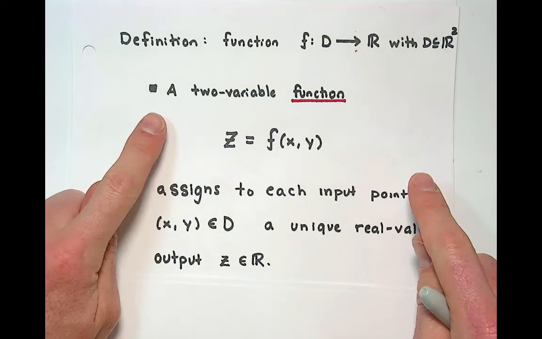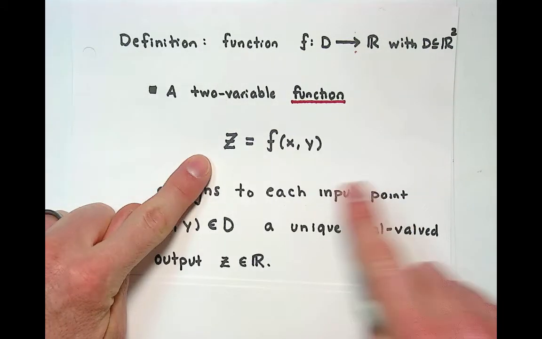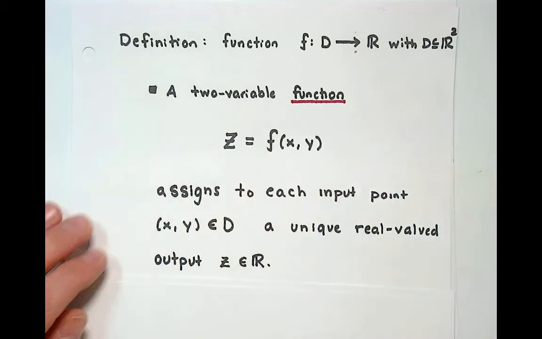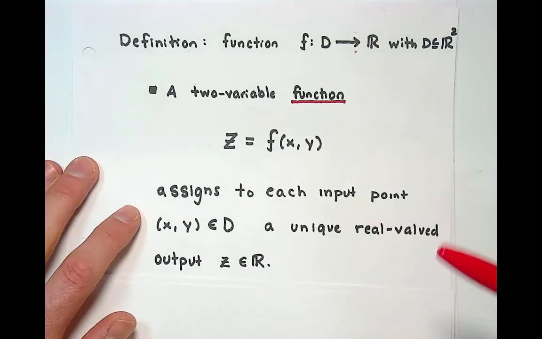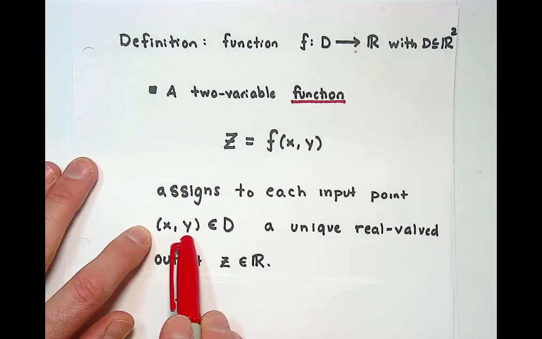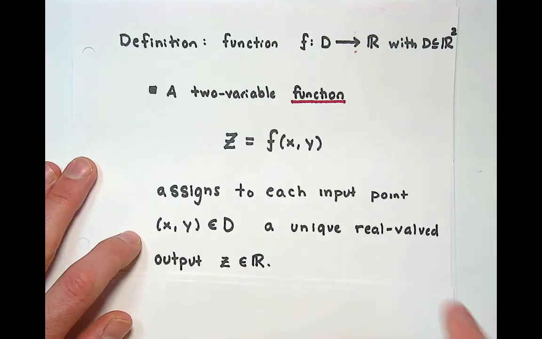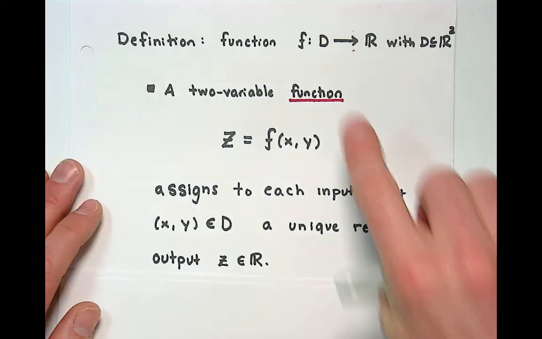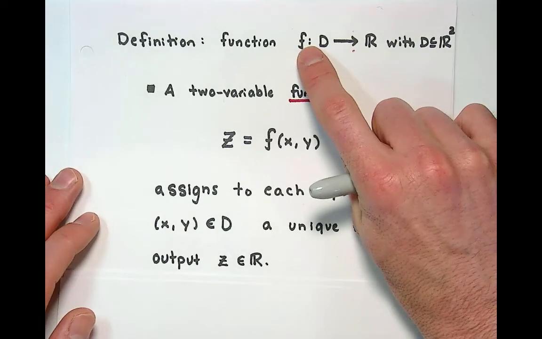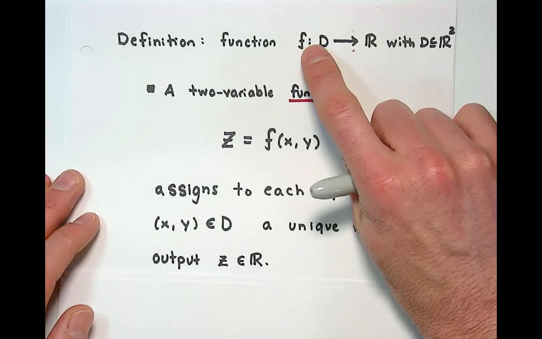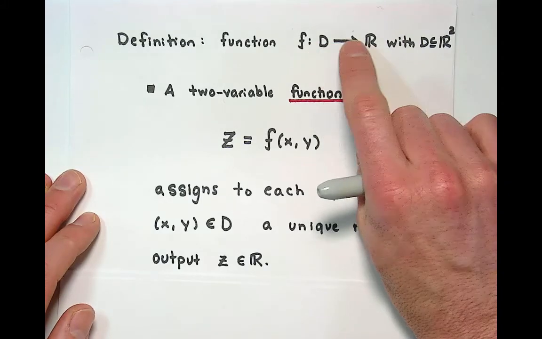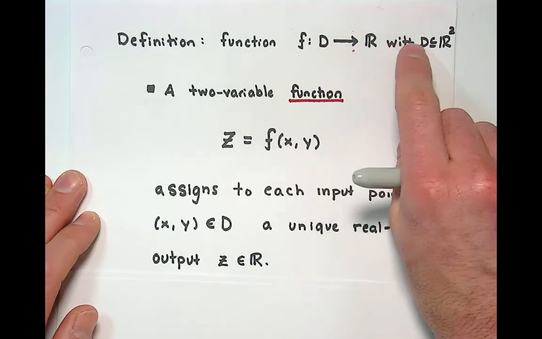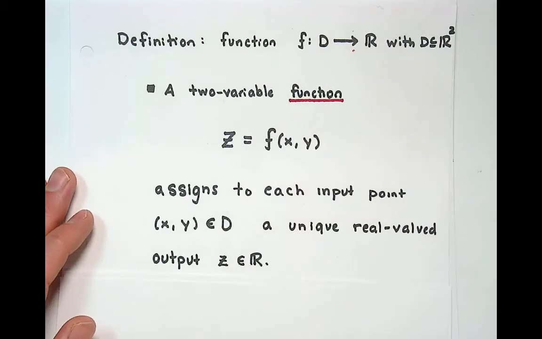We say that a two-variable function z equal to f of x y assigns to each input point x comma y in the domain D a unique real valued output. Of course, we've seen our function maps that say f goes from a domain D into the real numbers, where D is a subset of R2.